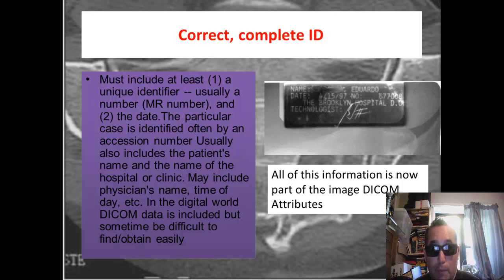When an image is pulled up off of a computer workstation, you'll often see the MR and accession number, the date, patient's name. But there are many other attributes such as exposure index and other values that are attributed to the image but are not often easy to find. We'll talk more about this in another class.